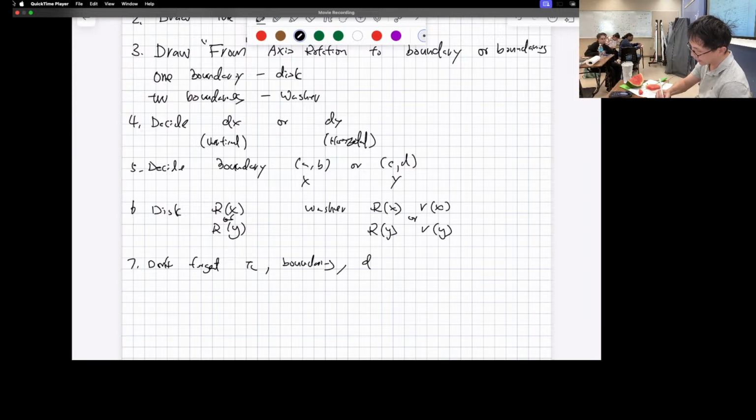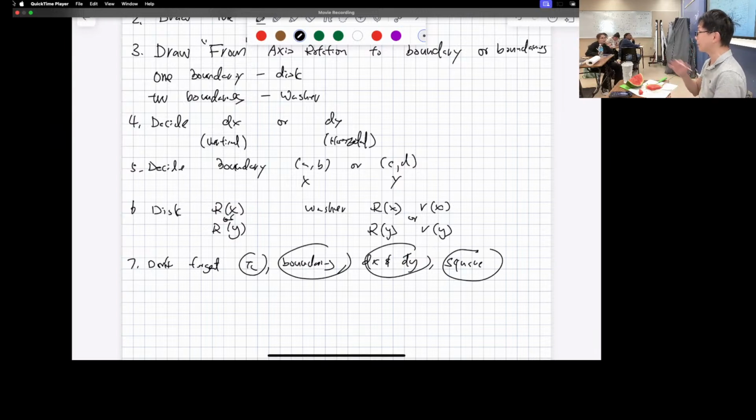Don't forget the dx or dy. And don't forget the squares, because you have r squared. Some people forget that square. Sometimes you have a square and a square. So you cannot forget the square, the dx or dy, the boundaries, the pi. That's all the things you have to double-check before you finish your integrals.